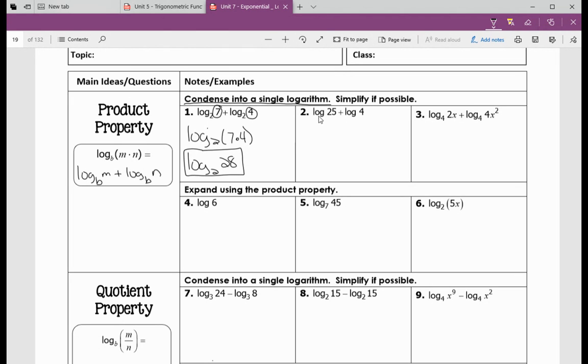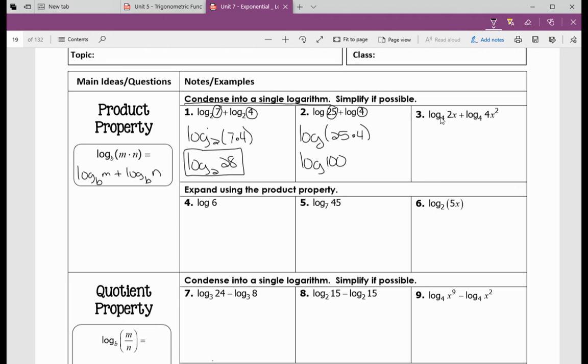Here, I have a log plus a log, understood base 10s. We talked about that the last time. So I'm going to have my log, and then I'm going to take both of these numbers and multiply them together. So that gives me log of 100.